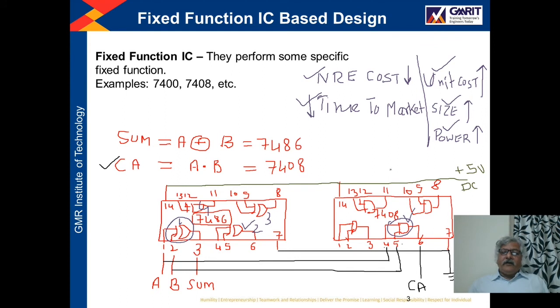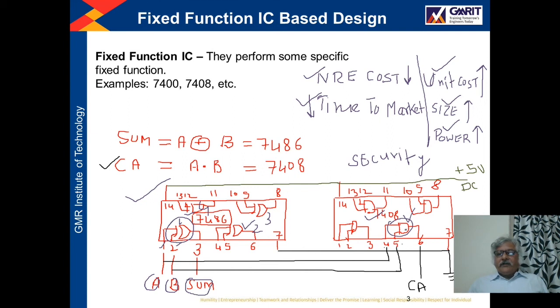Now another design metric is design security. Suppose your competitor takes this product. What will he see? The 7486 IC is there, the 7408 IC is there. Pin number 1 and pin number 2 are connected to inputs A and B, and pin number 3 is some output.